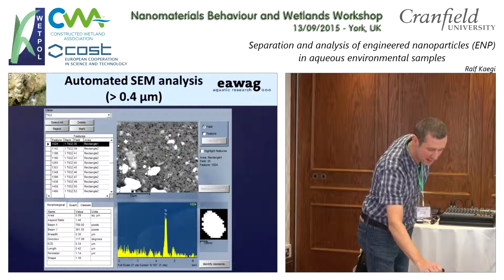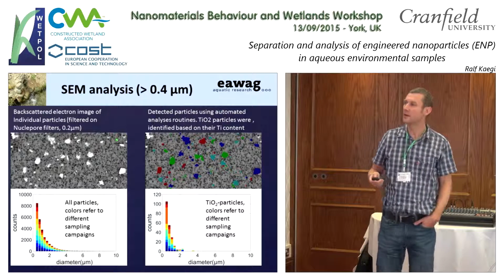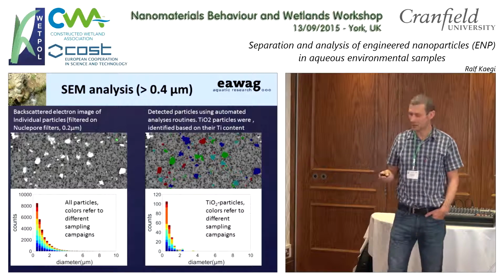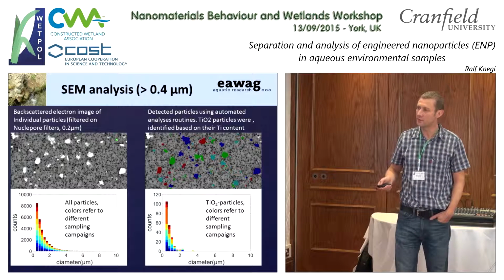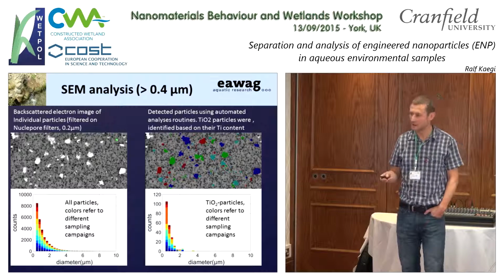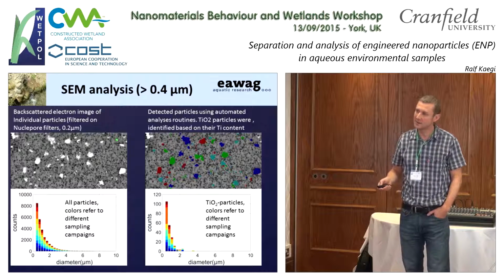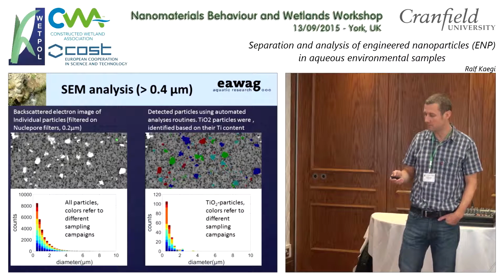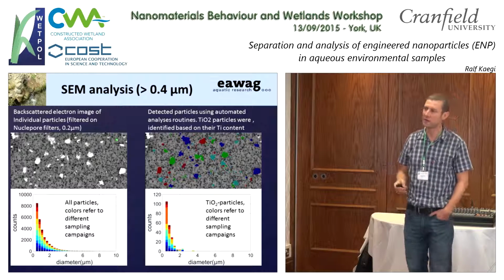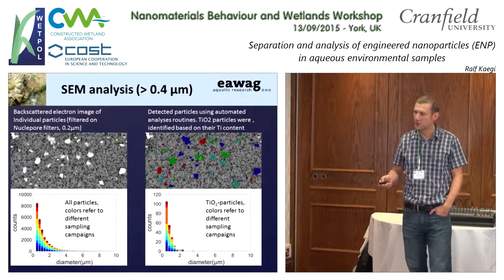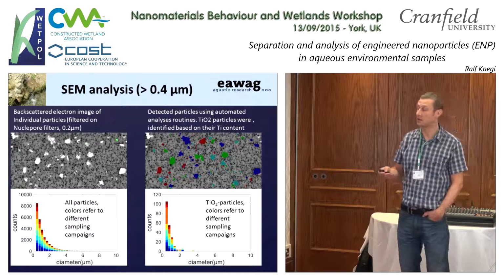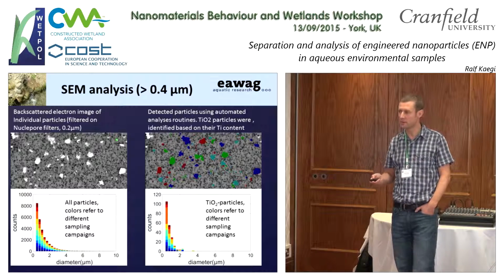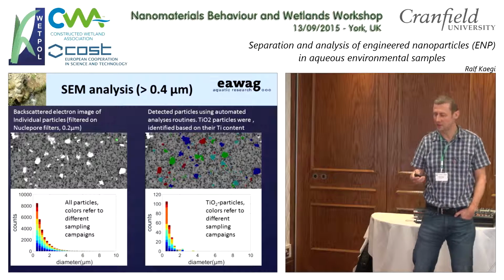Now we can run this analysis automatically overnight, and then we can extract the data in the morning. The colors correspond to different filters, so 10 different filters, and that's the size distribution of the particles from about 10 microns to about 200 to 300 nanometers, showing a power law distribution of the frequency, with increasing particle numbers with decreasing particle diameters, as you would expect.